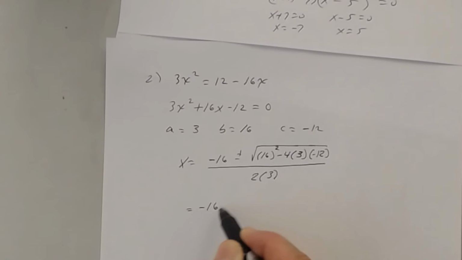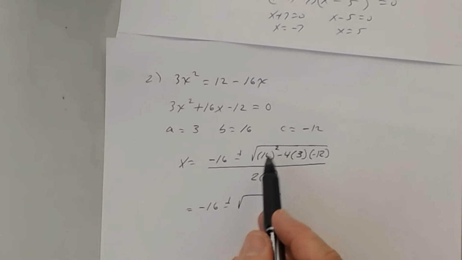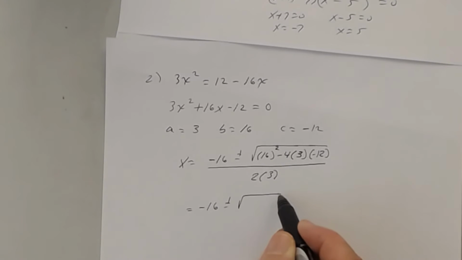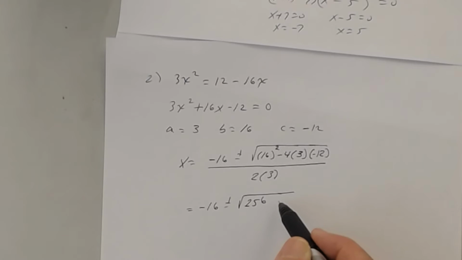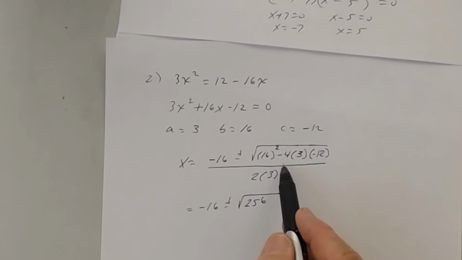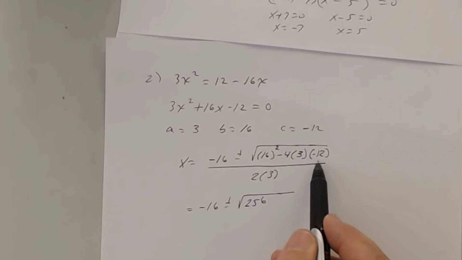So you have negative 16 plus or minus the square root of. Use your calculator and tell me what 16 times itself is. 256, right? What's a negative 4 times 3 times a negative 12?